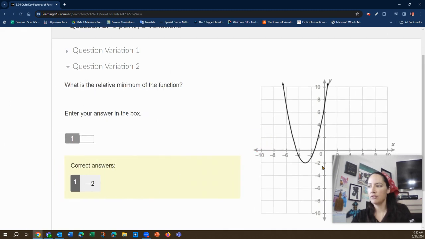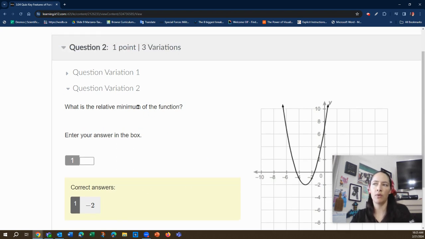Okay? So you come down, you find your relative min, you go over to the y-axis and you identify it, and that's what you type for question 2. Because it's just the smallest point or value given your graph in this case, right? That's it. Or if it's the maximum, it's just the most value that you will have given your graph.